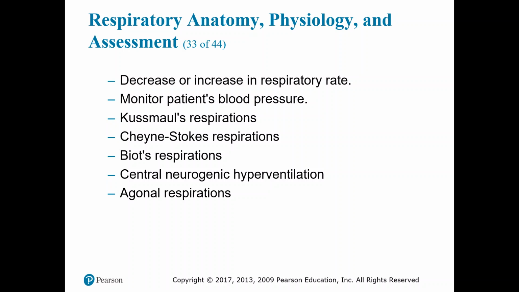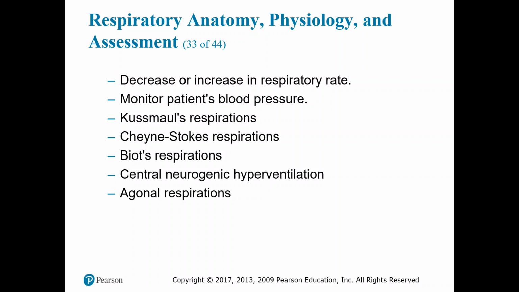Determine the pattern of respirations, as we discussed a little bit earlier. Is it abnormal, deep or shallow, in combination with a fast or slow rate? Some of the more common abnormal respiratory patterns include Kussmaul respirations.